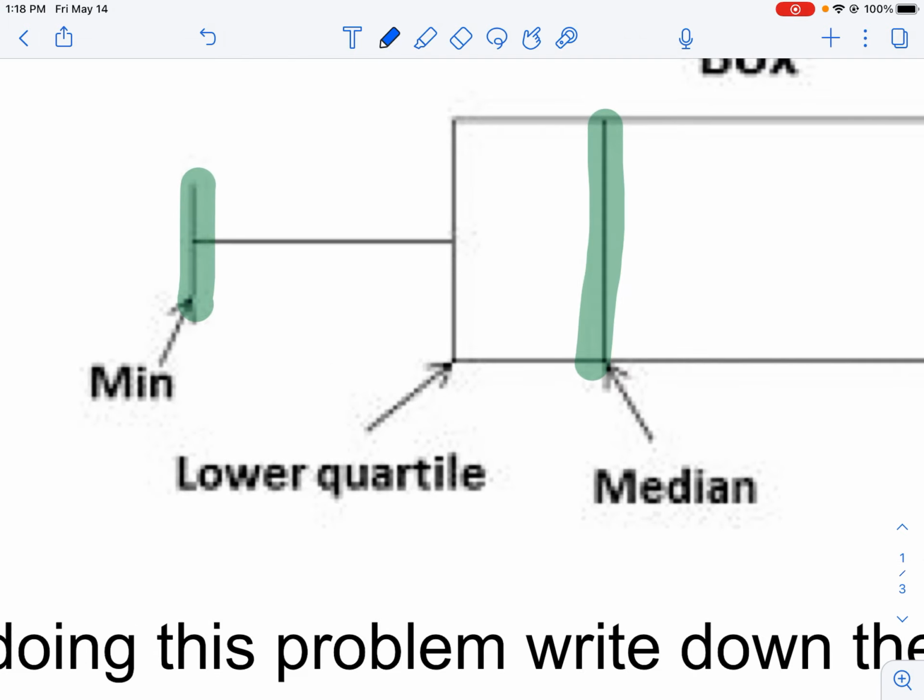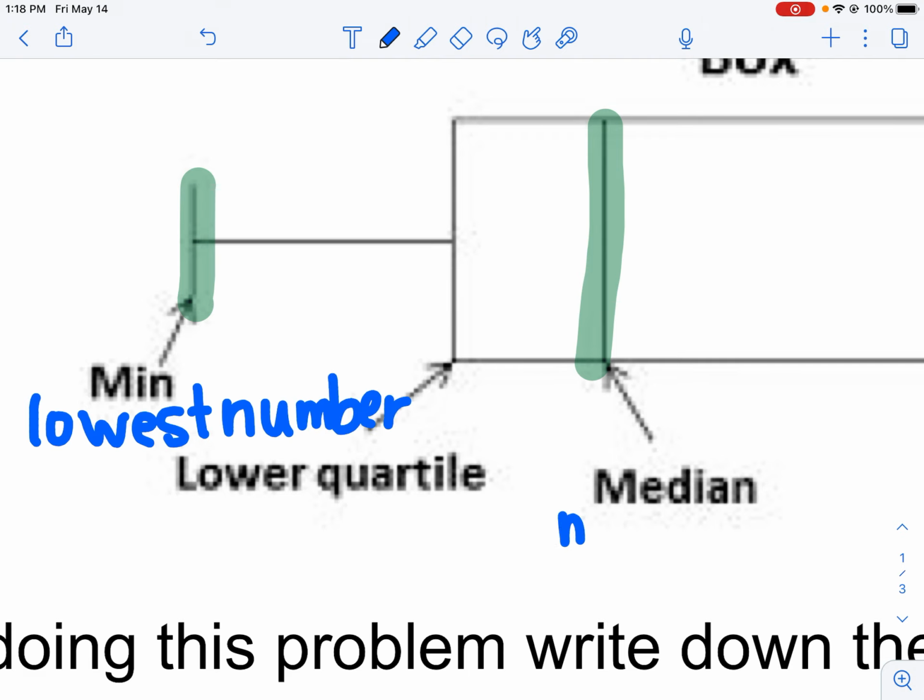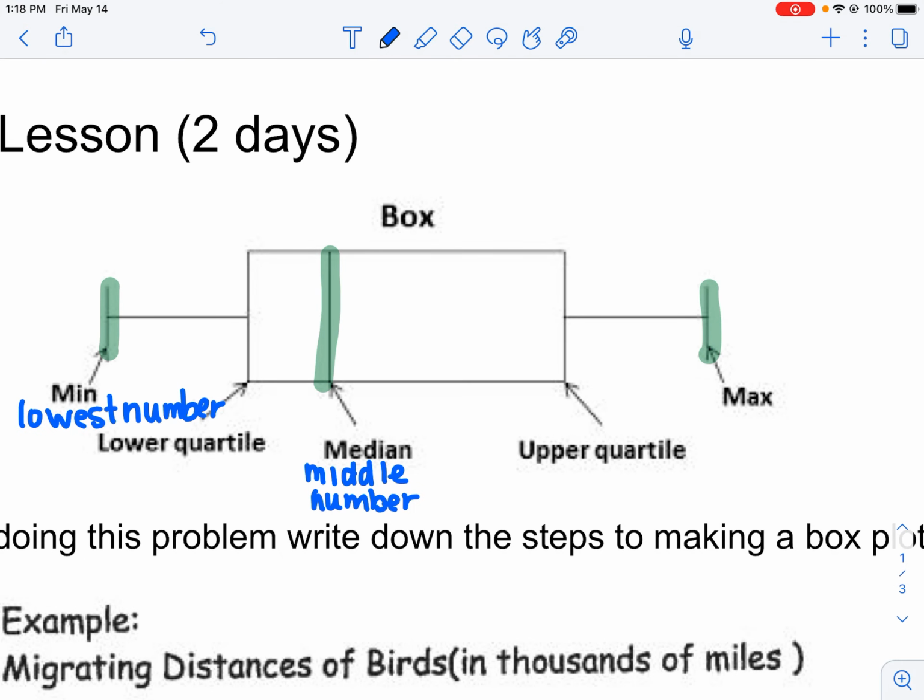The minimum is going to be your lowest number in the data set. Your median is your middle number. And then your maximum is your highest number.